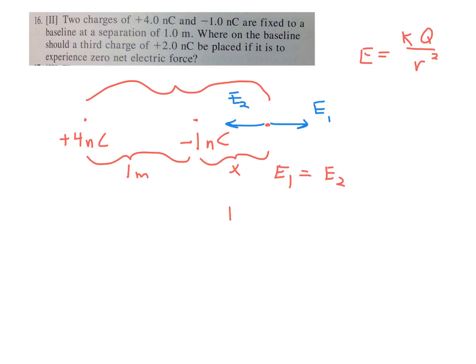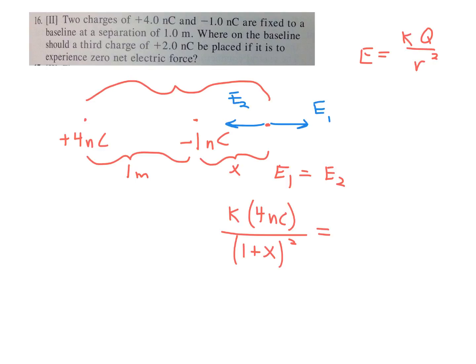So E1 will be K times Q1, which is 4 nanocoulombs, 4 times 10 to the negative ninth. I'll remember to plug that in when I start the problem, although there's a little trick here you'll see. Over R squared, it's going to be 1 meter plus X meters squared, equals E sub 2. Once again, we don't need to worry about any negatives here because it's all taken care of with the arrows we've drawn on our diagram.